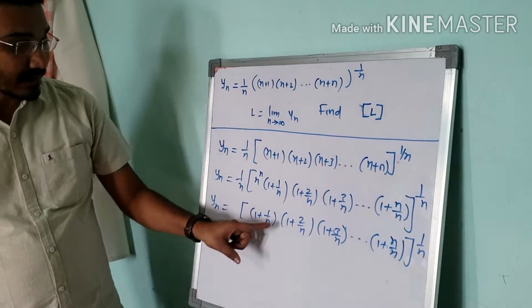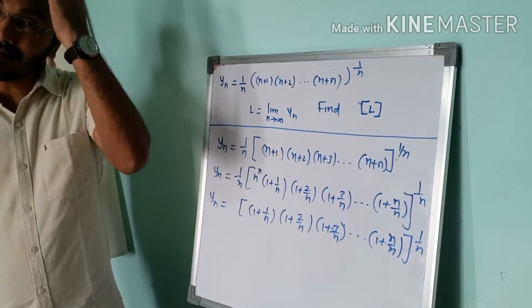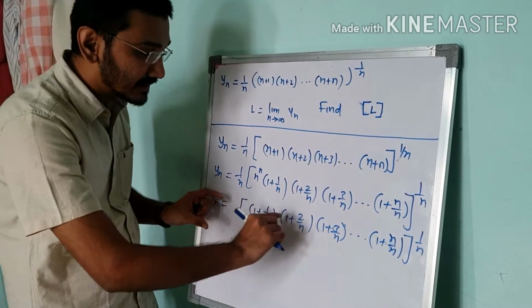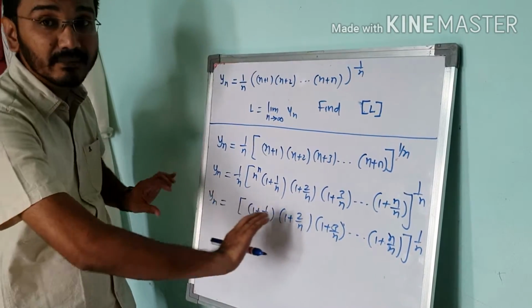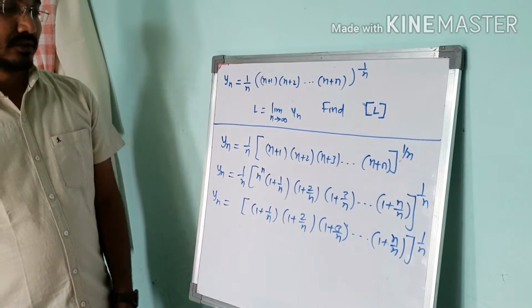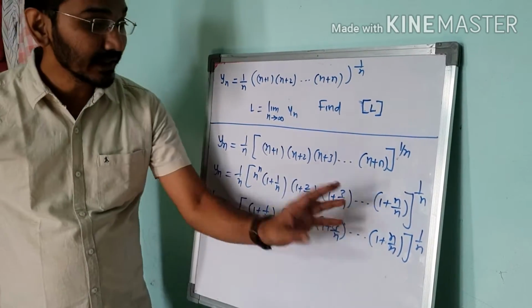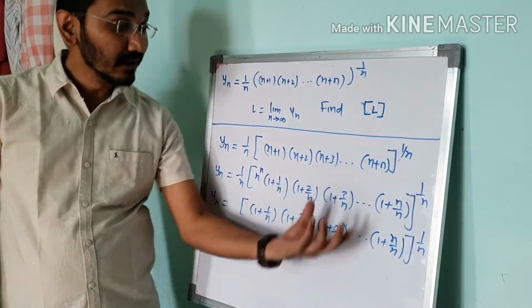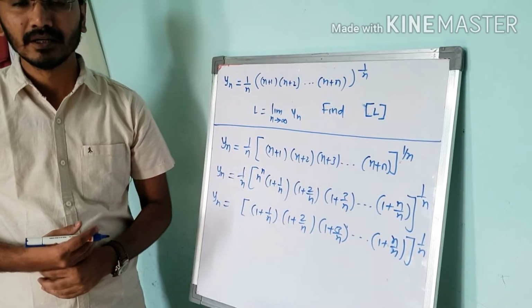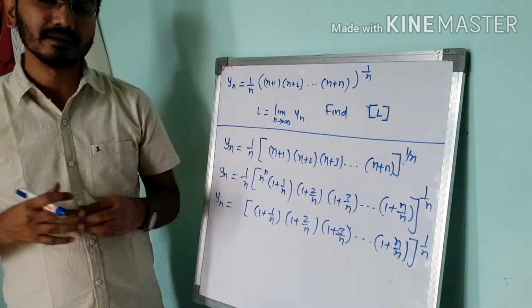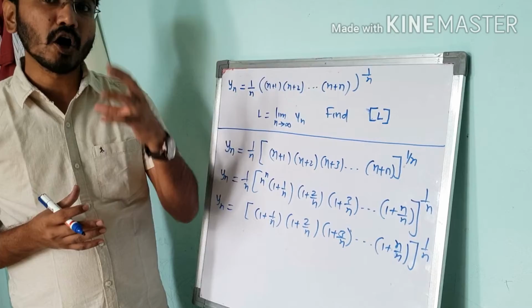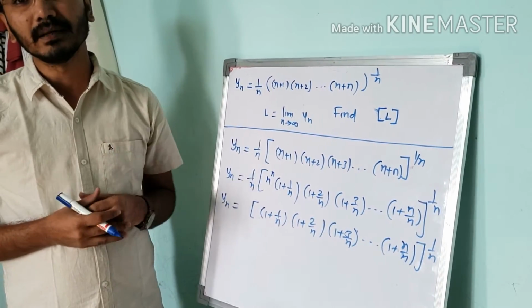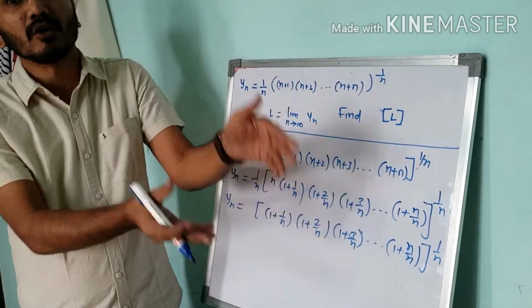Now these all terms are in multiplication, but when we have to convert these terms into an integration, we have to convert them into summation. But all these are in multiplication. So how can I convert all the multiplied terms into summation? We know that whenever we take the log of a multiplication, we get the summation of individual logs.